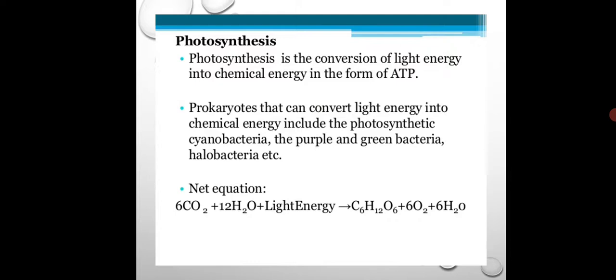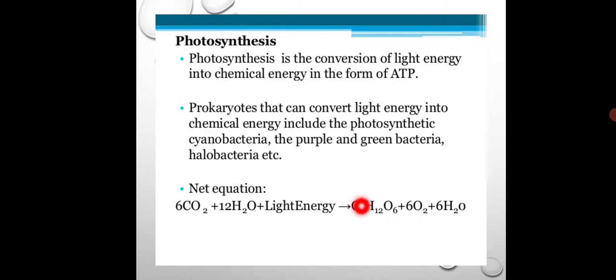Examples include cyanobacteria, purple bacteria, green sulfur bacteria, purple sulfur bacteria, purple non-sulfur bacteria, halobacteria, etc. These are bacteria which can perform photosynthesis by using different machinery and different apparatus. We are going to see all those points in our upcoming lectures.